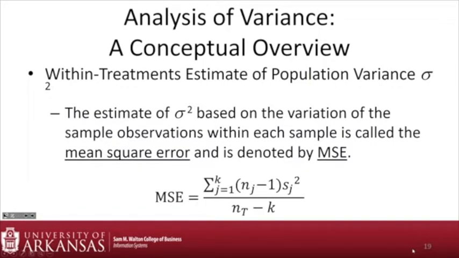What's the variability between the groups? And then we're dividing that by the variability within the groups. Within each group, is it really spread out? Are the data really spread out, or are the data kind of close together? So we're looking at the ratio of the variability between the groups to the variability within the groups. And that's the big picture behind this analysis of variance.